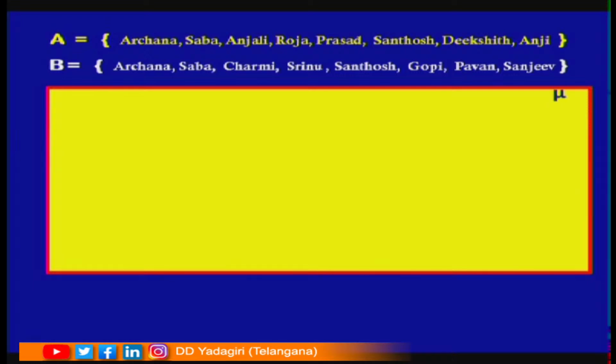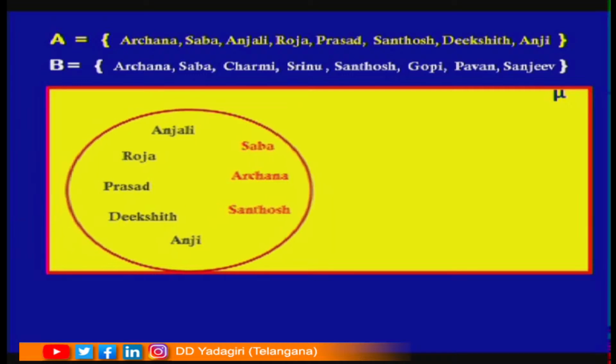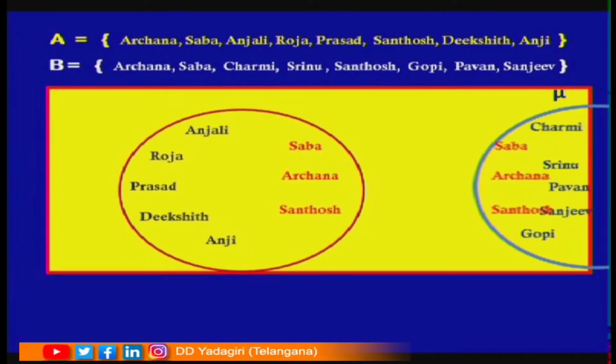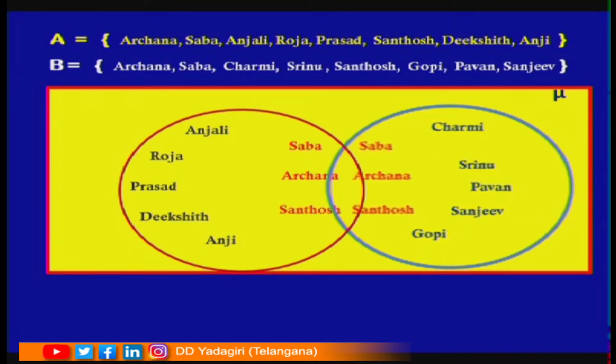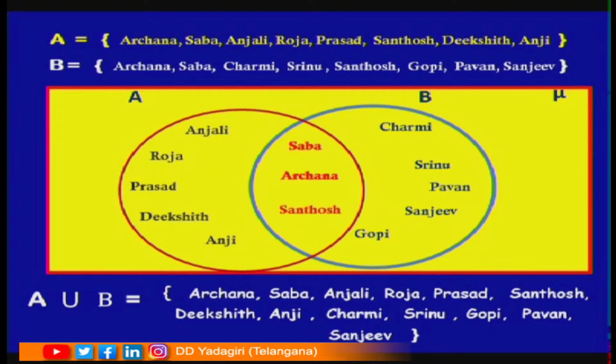Now, if I combine both sets, so if A and B are combined, what happens? You see, that is called A union B. Combining the elements of A union B, the repeated elements are taken once only.